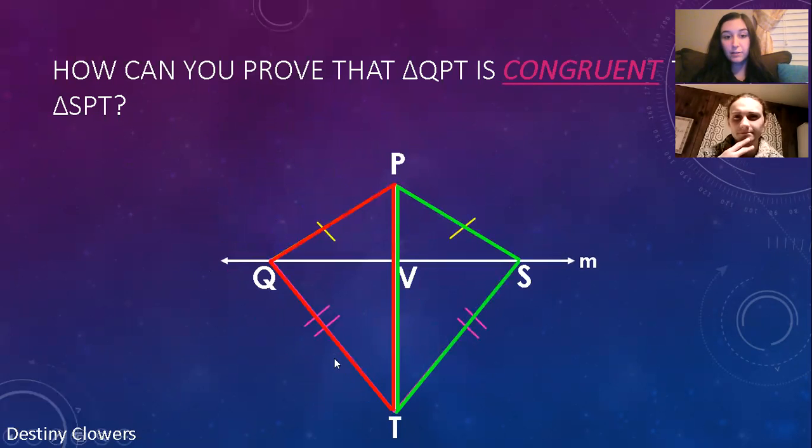So if this triangle was reflected over this line right here, it would look exactly like triangle SPT. So since these two triangles are a perfect reflection of each other, this is how you know that these two triangles are congruent to one another. So that's how you would prove that, is through this reflection image right here.